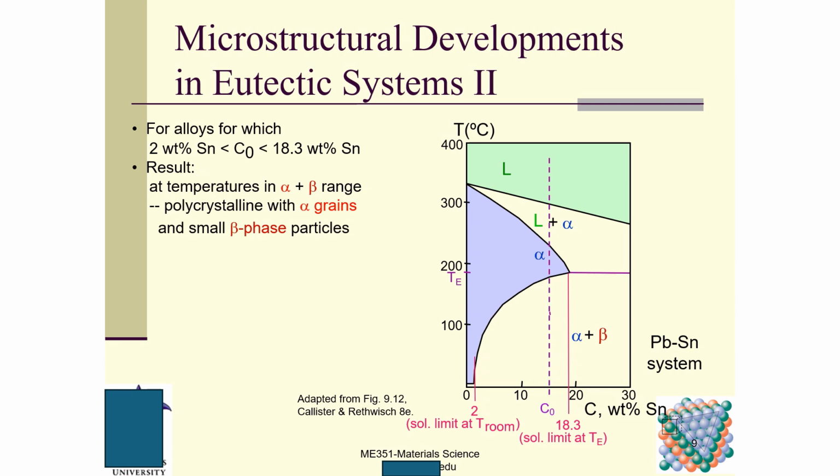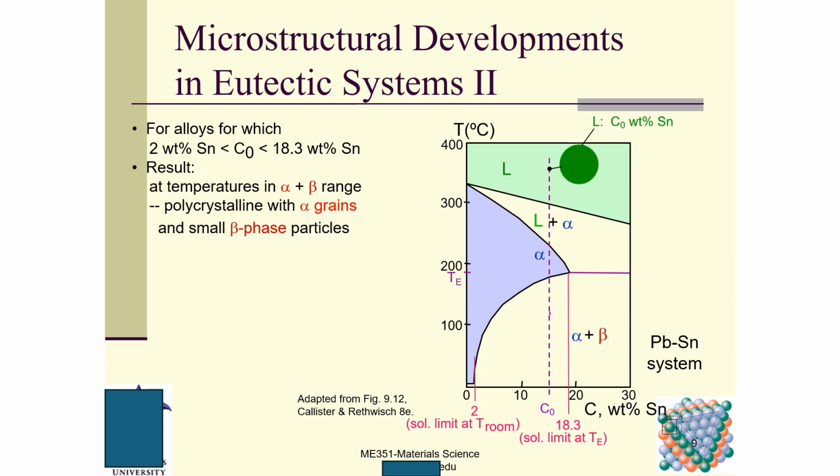Without loss of generality, we just draw this line to see. The result is, in the alpha plus beta range, we have alpha and beta grains and small beta phase particles.